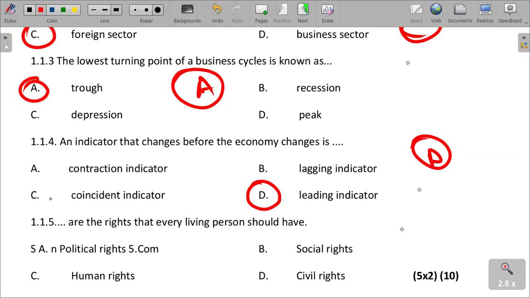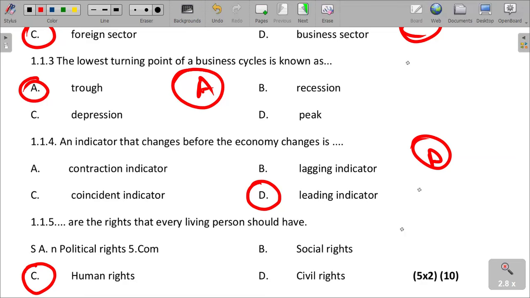These are the rights that every living person should have. We are saying human rights. Human rights are the rights that every person must have. They are entitlements enshrined in the United Nations Charter that every person, because he is human, irrespective of any other factors, must have: the right to education, the right to choices, the right to participate in elections, and so many.